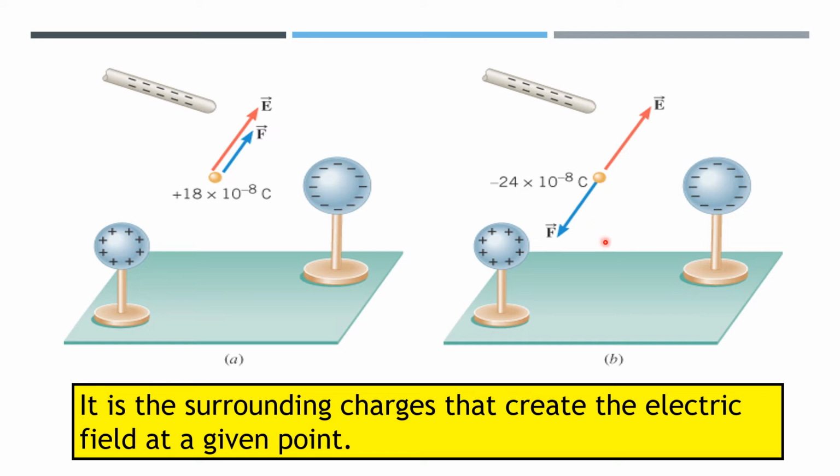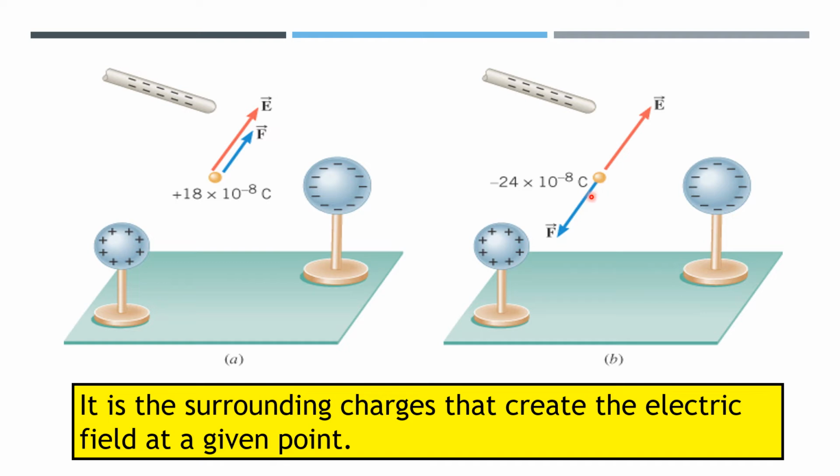But what if the test charge is negative? Say, negative 24 times 10 to the negative 8 coulomb, for the same surrounding source charges.